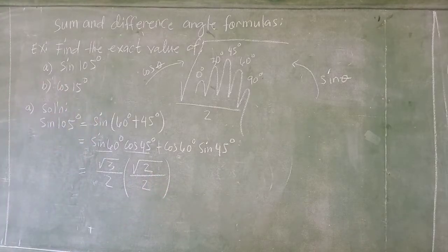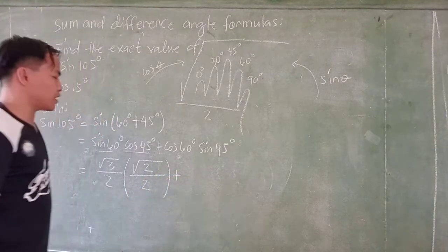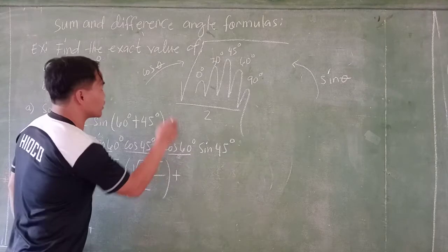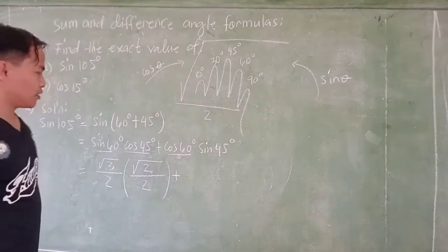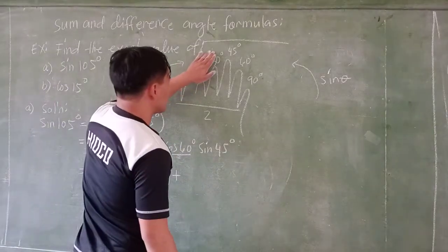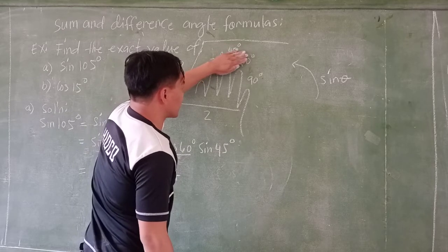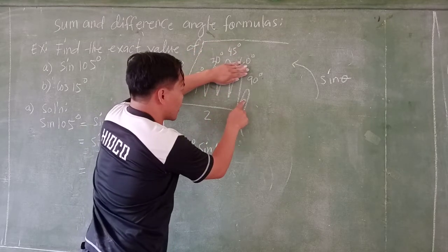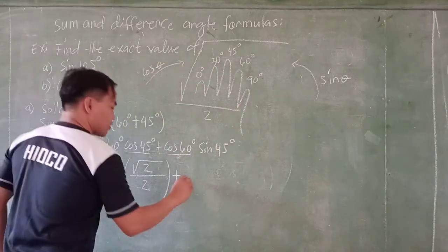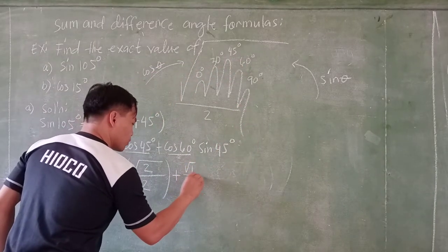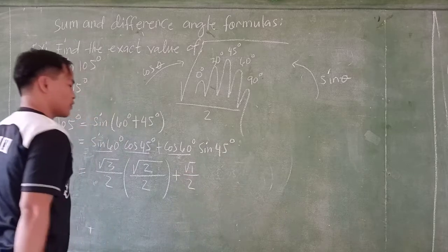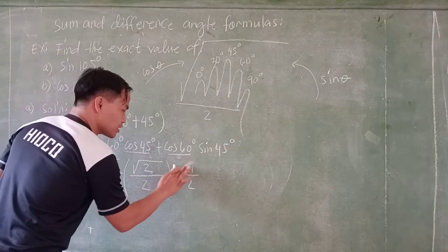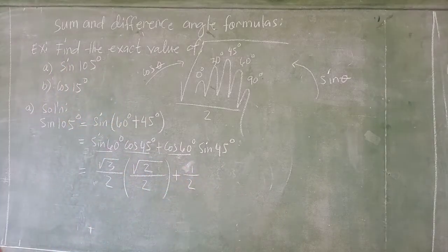Okay? Plus cos of 60. Tanawagin ang direction ha. Cos of 60 so 0, 30, 45, 60 tabunan din tanan, no? Isa na lang 1. So we have square root of 1 over 2. Or pila ng square root of 1? That is 1. Perfect square mo na siya.